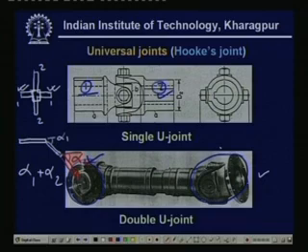Now where are these Hooke's joints or universal joints used? They are used mainly whenever we want some correction because of some inevitable manufacturing defects, or maybe because of vibrations. For example, in automobiles, when we want to transfer the power from the gearbox to the back axle.